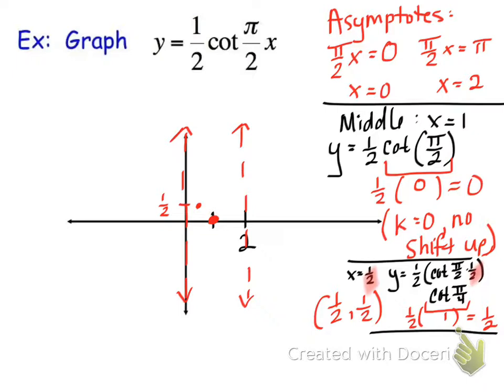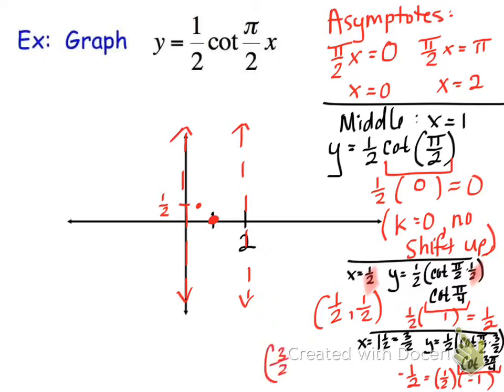Now I'm going to do the same thing, but I'm going to find the middle of 1 and 2, because that's my next middle. The middle of 1 and 2 is 3/2, for the sake of working with fractions here in a moment. Plugging that into my function to find y, I'm going to get the value of 3 pi over 4 inside the cotangent, and that is a slope of -1, and so therefore the cotangent is also -1 of 3 pi over 4. So 1/2 times -1 is -1/2.